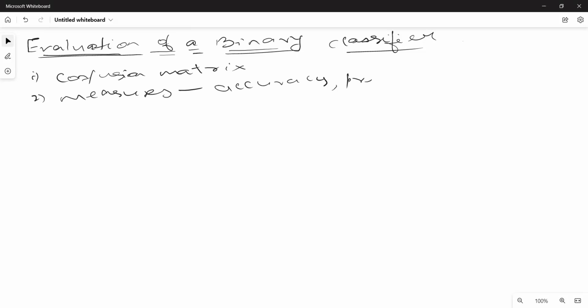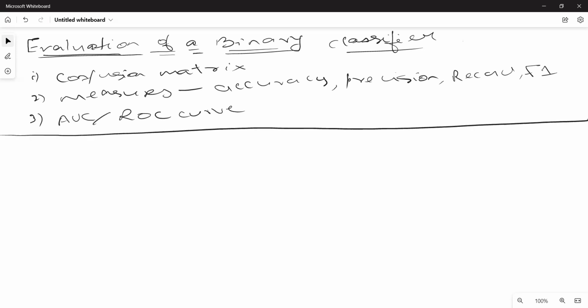Then we have precision, and then recall. If you want to go further, we also have the F1 score. Then the third measure that we use is called the area under the curve and the ROC. So the ROC curve and the area under the curve. These are the three main evaluation techniques that we have for a binary classifier.